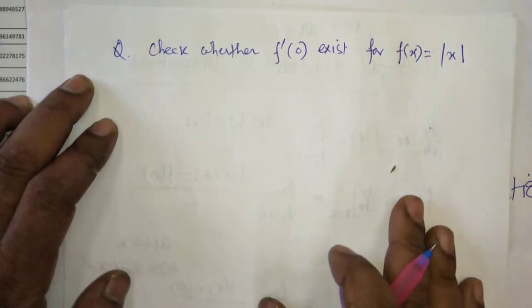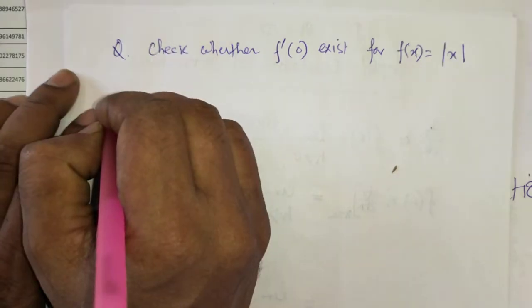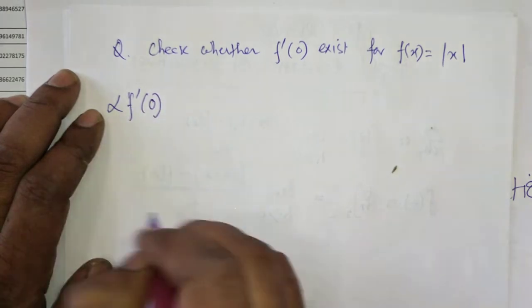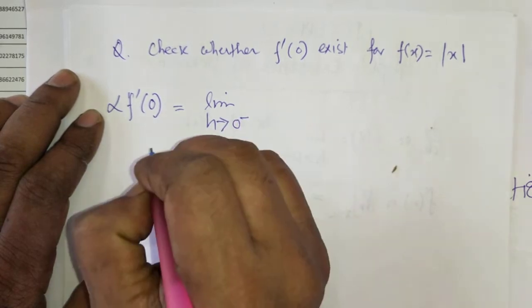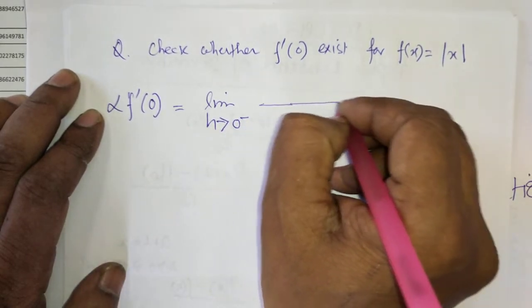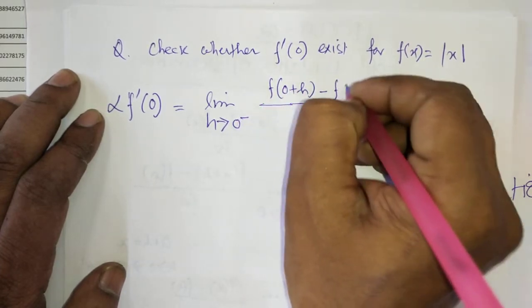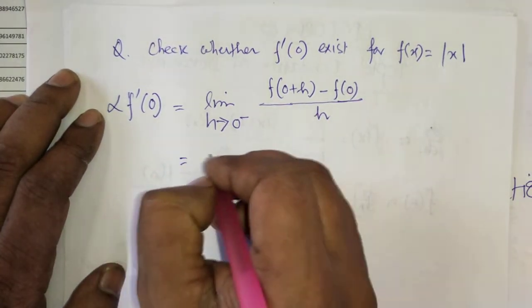To check the differentiability of a particular function at a point, you have to check the left hand derivative at that point and the right hand derivative at that point. So first the left hand derivative, L f dash 0. The formula is limit h tends to 0 minus, very important, f of 0 plus h minus f of 0 divided by h.